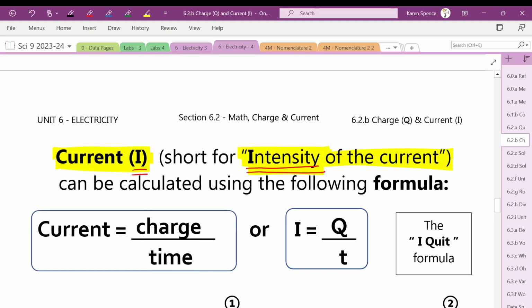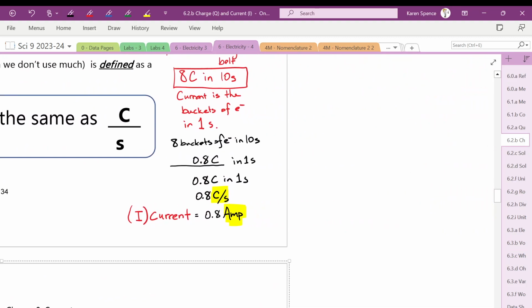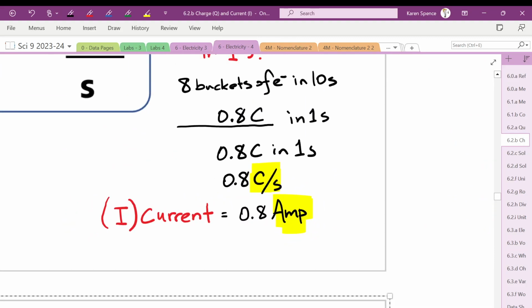And what did we do up here? What was on the top? That is a coulomb. On the top are coulombs. What's on the bottom?